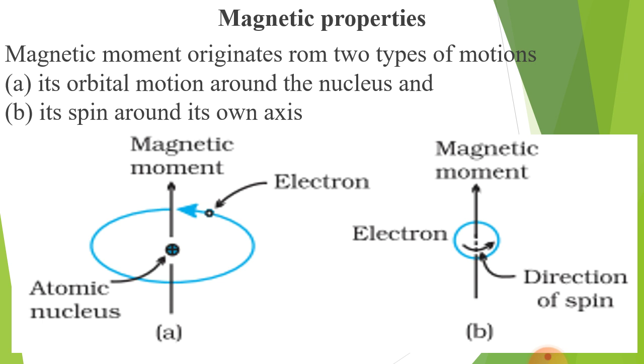Second, its spin around its own axis. That is, motion around the nucleus, that is known as revolution, and spin around its own axis, that is rotation. Look at the diagram to understand these two types of motion. These two types of motion are the actual cause of generating magnetic properties.